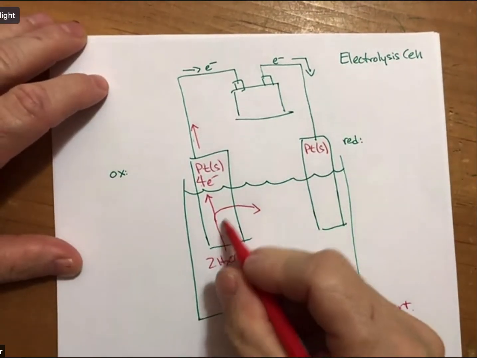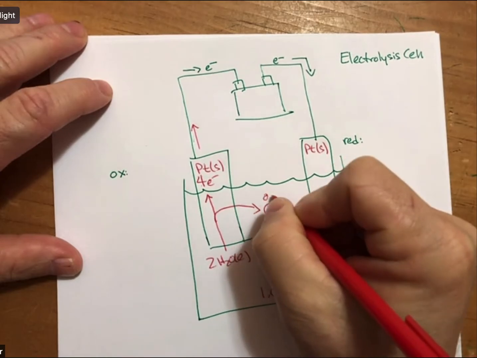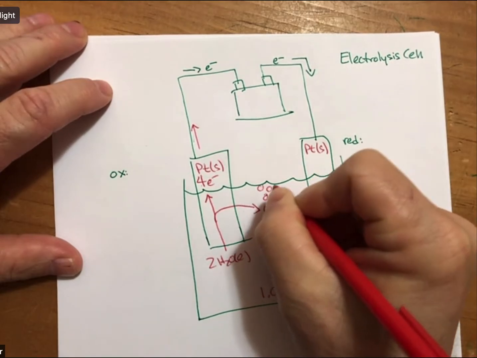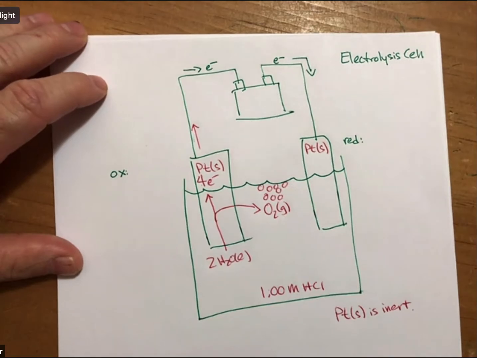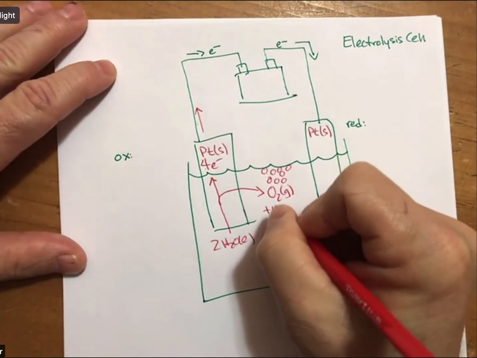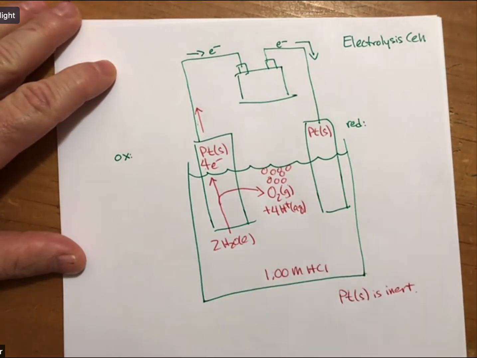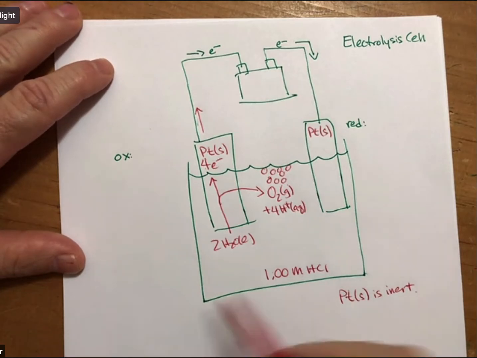And then my products are going to be O2. And since O2 is a gas, you can draw bubbles. And plus 4H plus. So it's going to get even more acidic in here since I'm making more H pluses. pH will go down, and we could measure it.